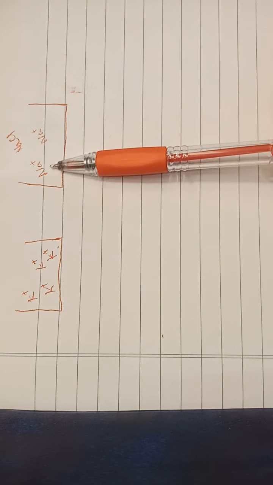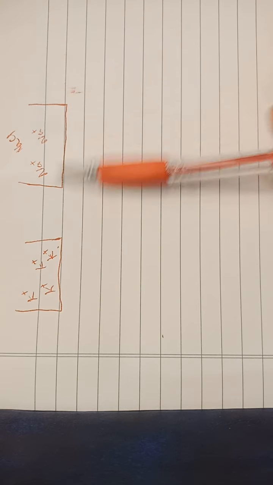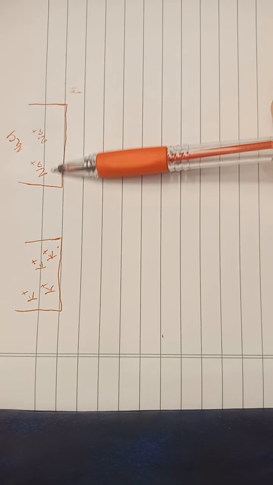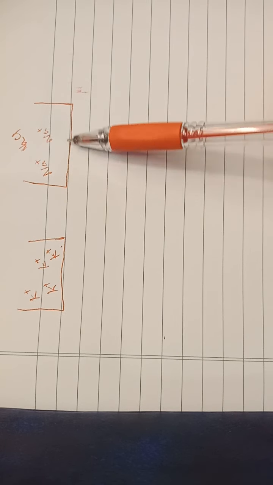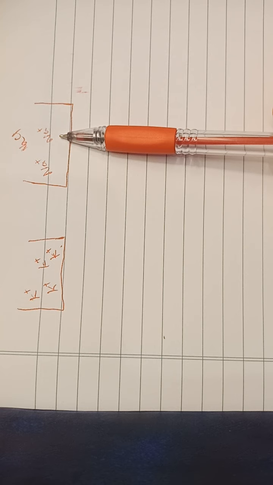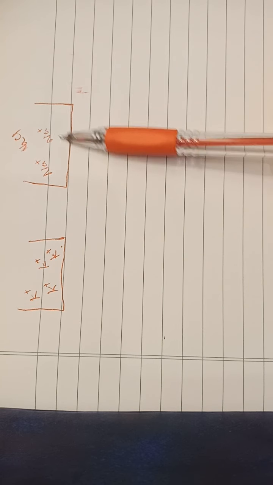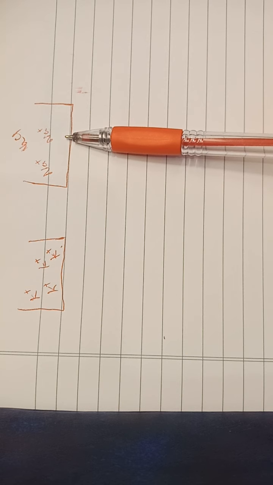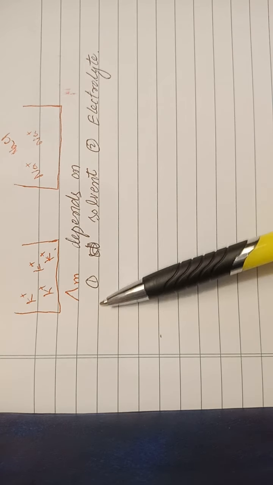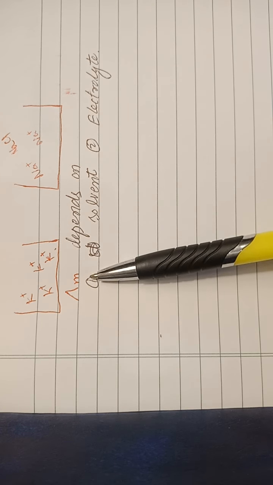So the current carrying ability of this kind of electrolyte depends only on the electroactive or ionized species. So the molar conductivity of these kinds of solutions varies with variation of concentration. The electrical conductivity of the solution, that is the molar conductivity, depends on the solvent as well as the electrolyte and temperature.